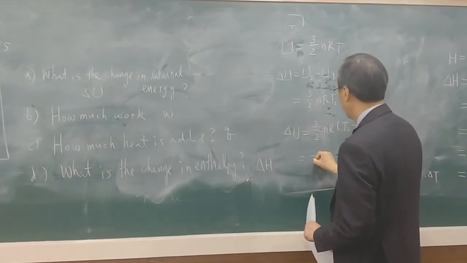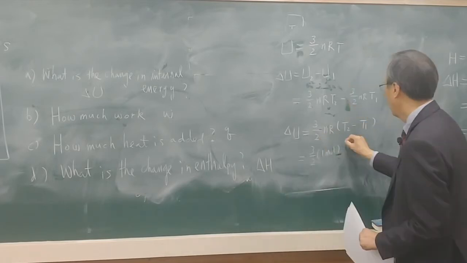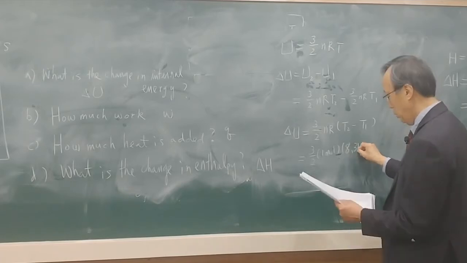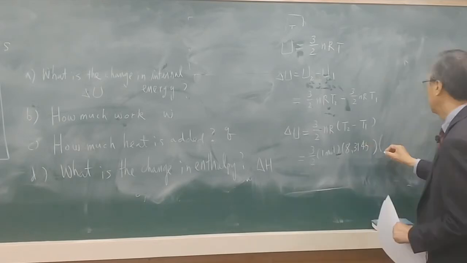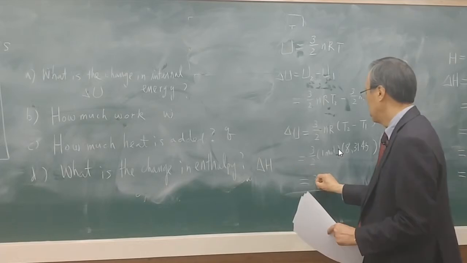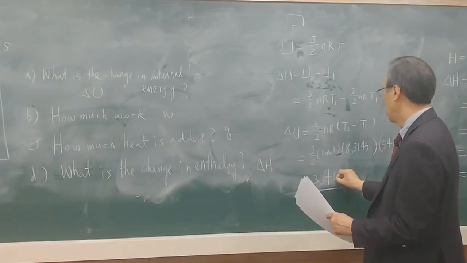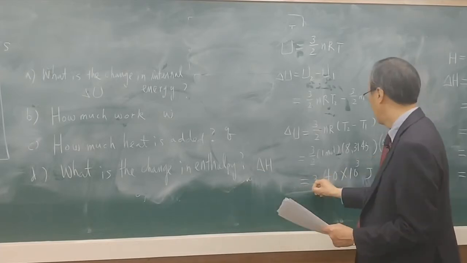This equal 3/2 times n equal 1 mole, R equal 8.3145, times 546 minus 273, equal 3.4 times 10 to the 3 joule.